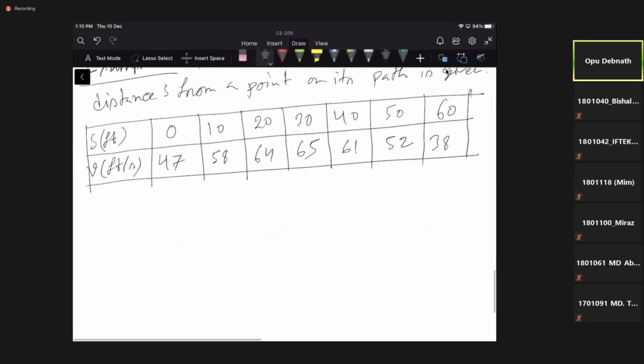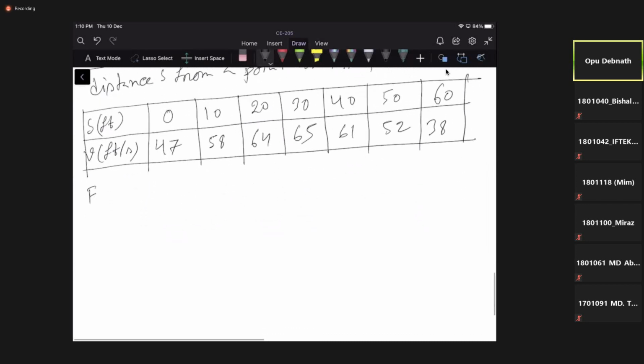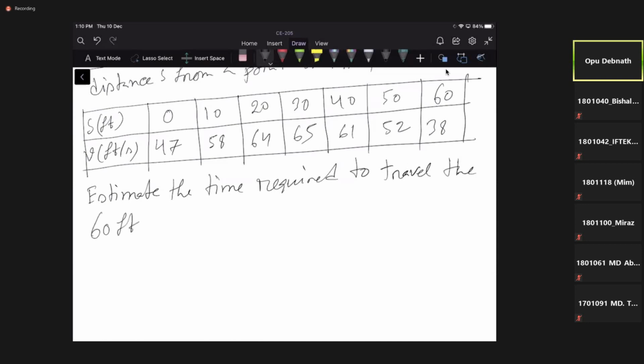So now if I ask you to estimate the time required to travel 60 feet distance.